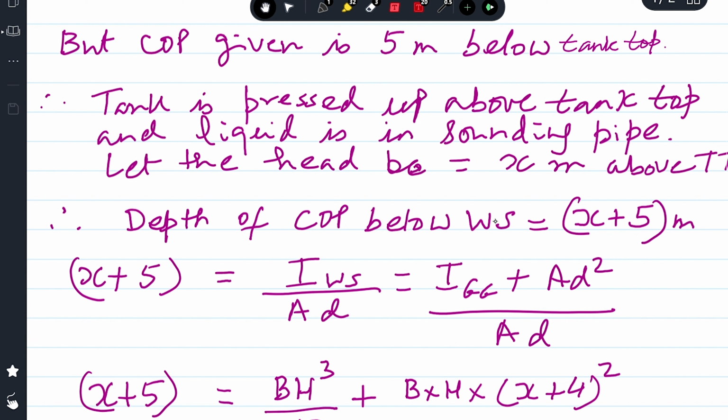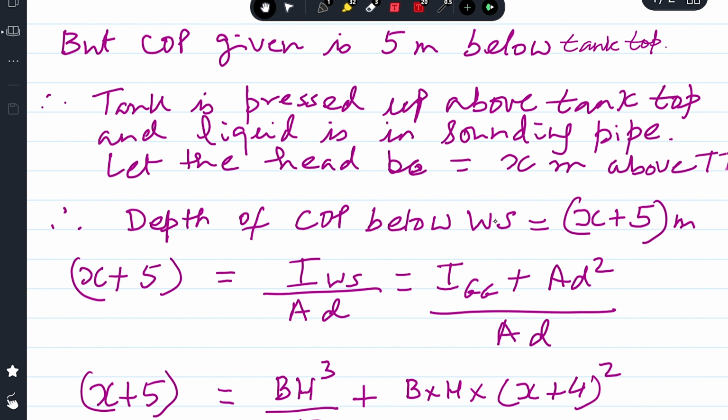The formula is moment of inertia about the water surface, I, upon area into D. D is the depth of the centroid from the water surface. So I about the water surface is IgG plus AD square, upon AD, the same parallel axis theorem.